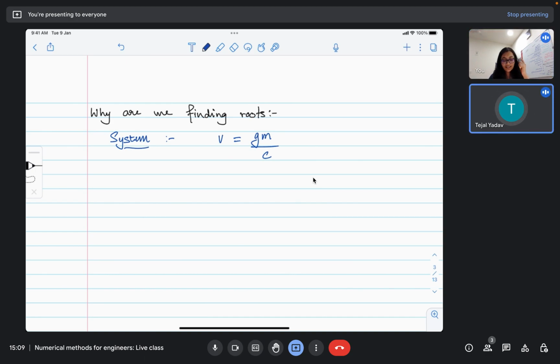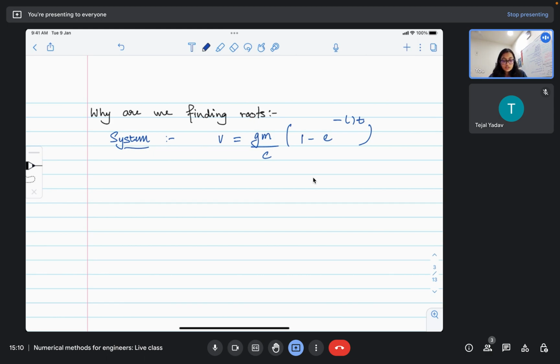The drag coefficient, right? The velocity is gm by C into some expression, 1 minus e to the power of some function times t. Suppose this is the equation which represents the physics of a system.